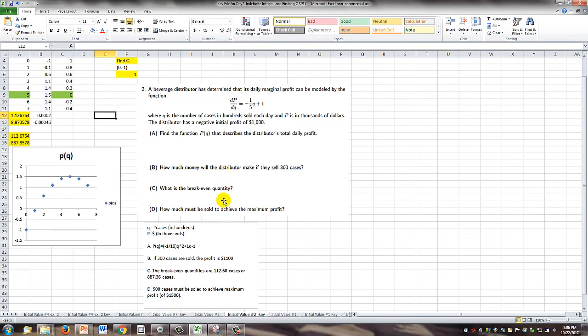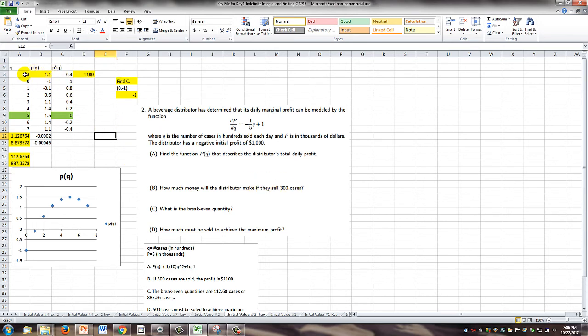And then it says how much money will the distributor make if they sell 300 cases. So here I have my Q as my input, and my total profit function is next, and my marginal profit function is here. This question is asking you to use a function that when you know the cases, you know the profit.